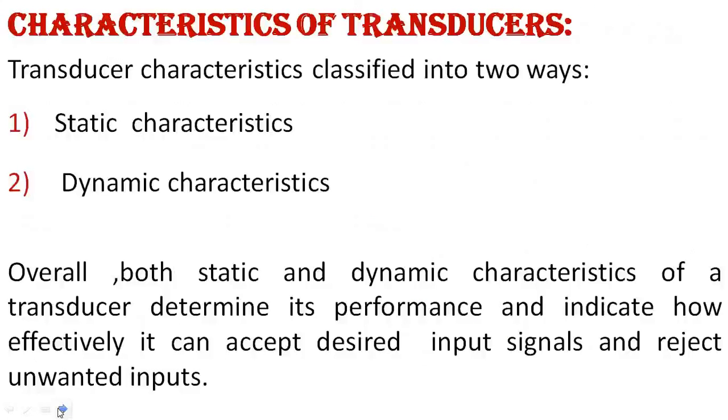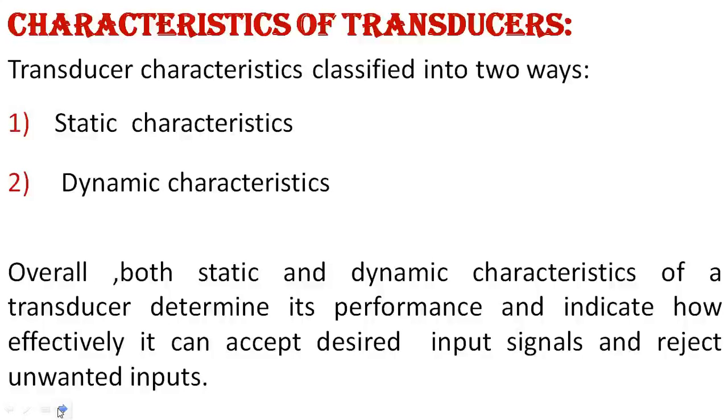Now the next topic is the characteristics of a transducer. A transducer has two characteristics: the first is static characteristics and the second is dynamic characteristics. Why are there these two types? Because the given input is either constant or variable.